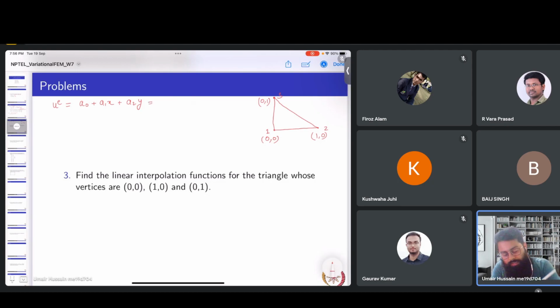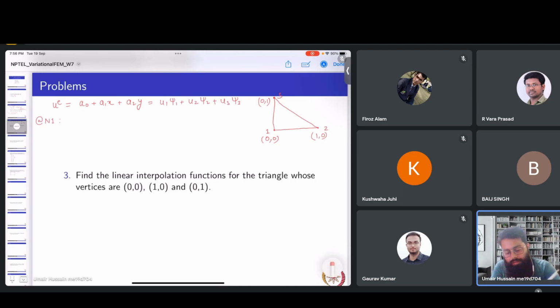If you remember, in terms of approximation function, we can write it as u1 psi1 plus u2 psi2 plus u3 psi3, right? Now, if we substitute the value for node 1, what equation do we get?